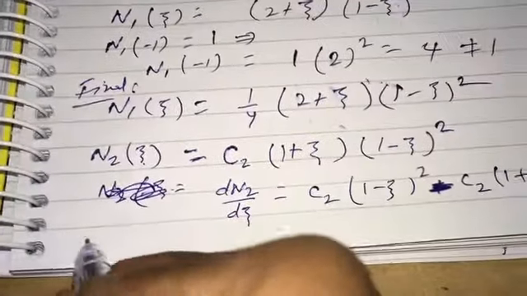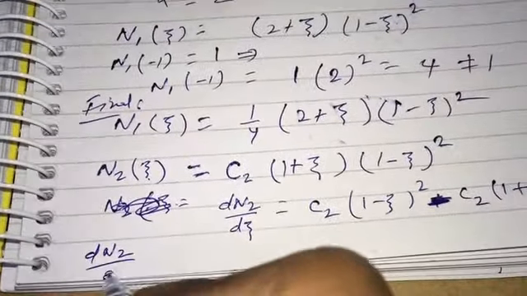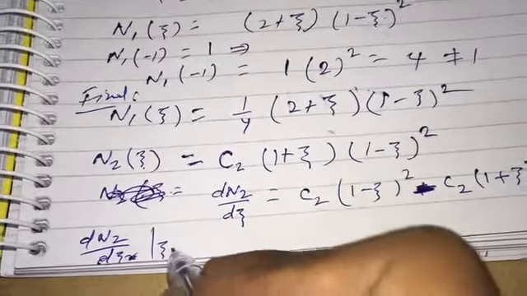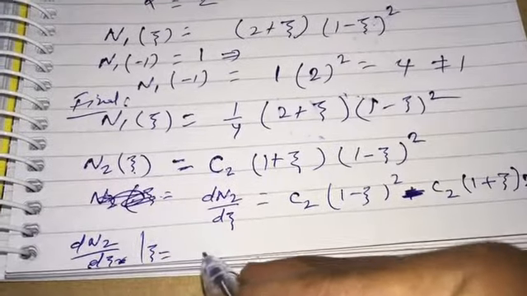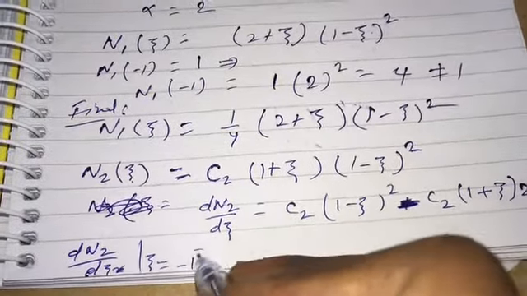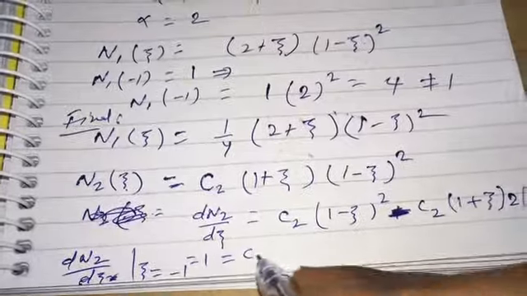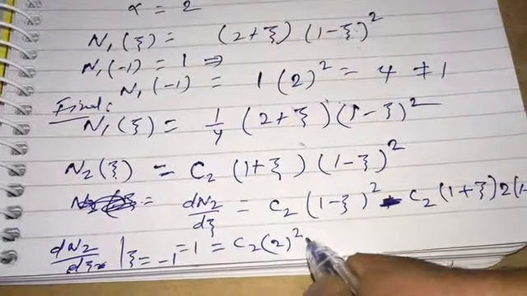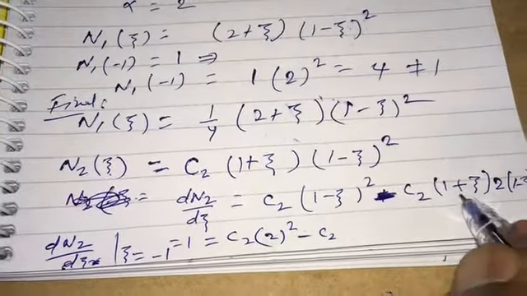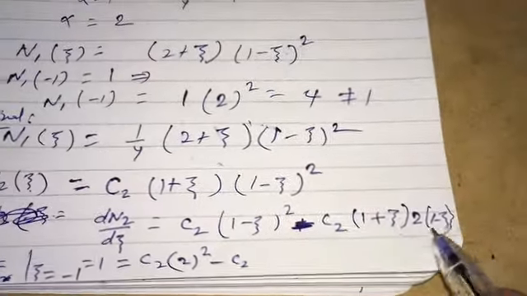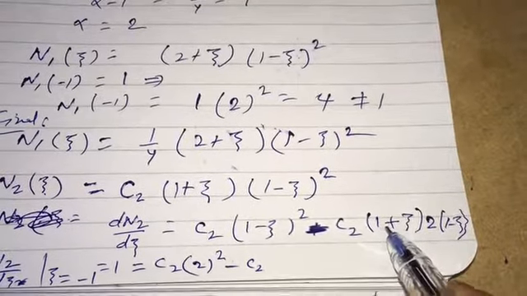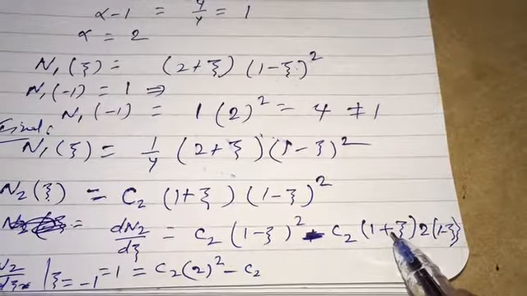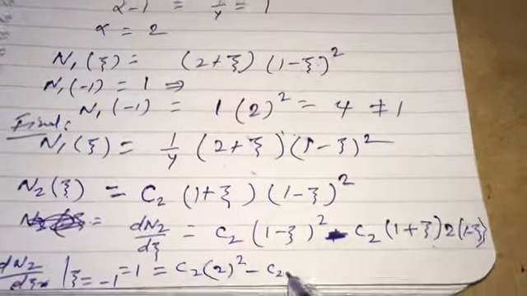So, dN2 d xi at xi equal to minus 1 has to be equal to 1. So, equal to C2 times 1 minus 1, the square, minus C2, here you have 1 because of the minus 1 term here. So, this becomes 0 simply.